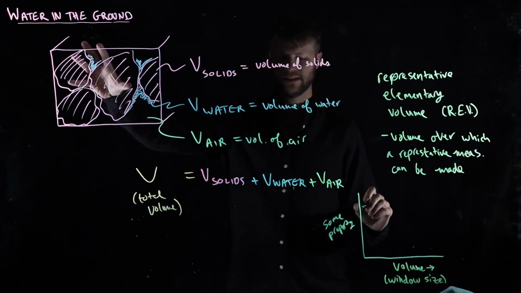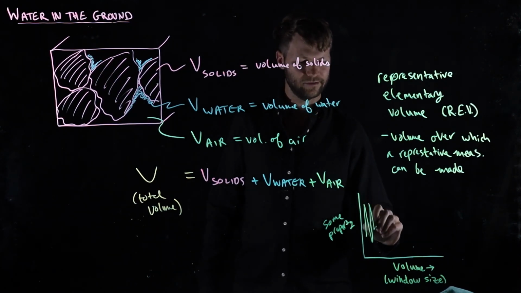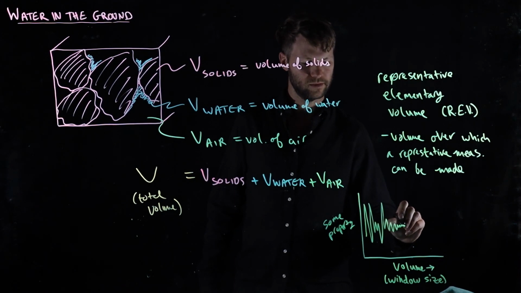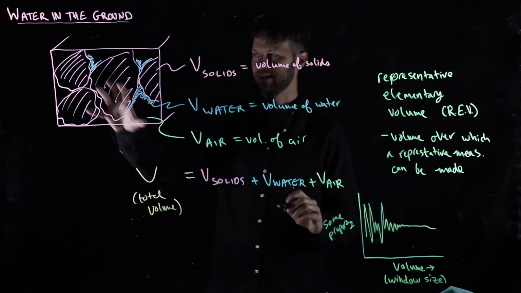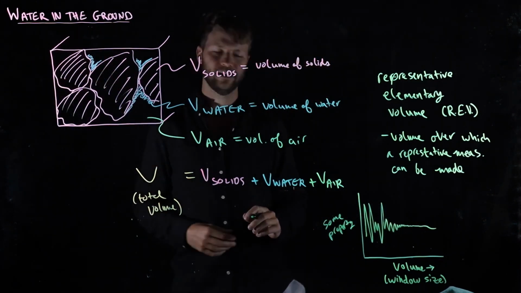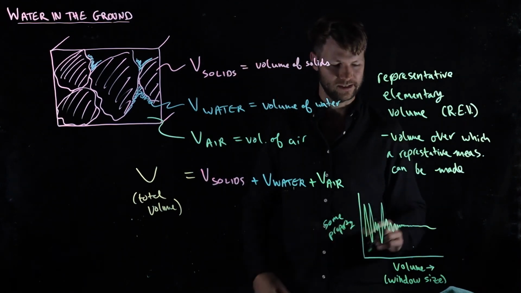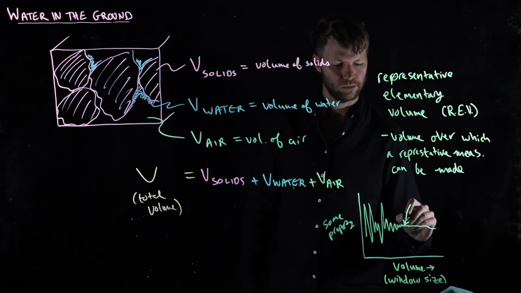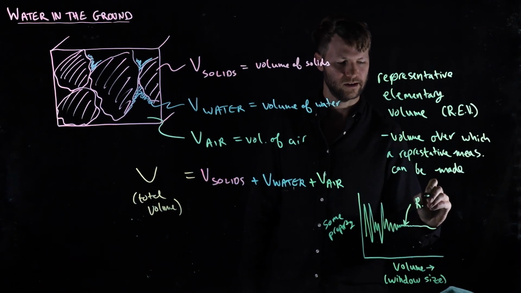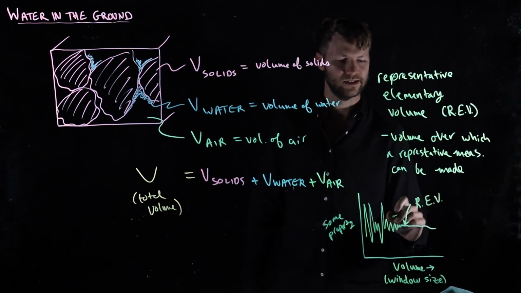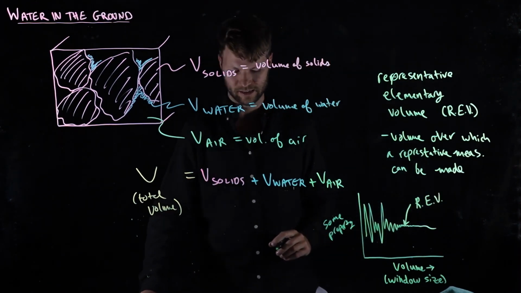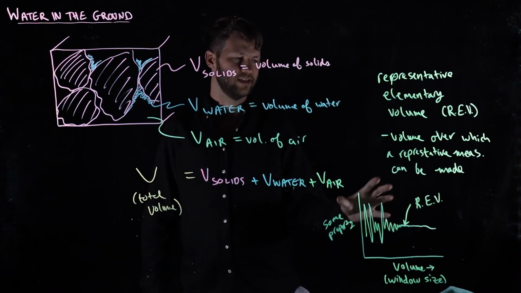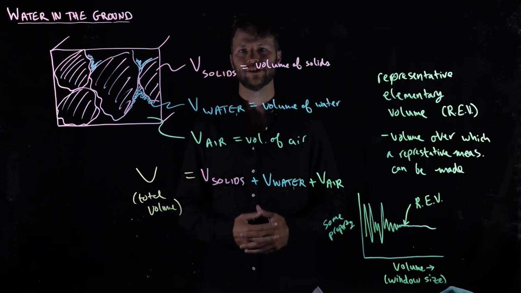As we increase this volume, we might see a lot of variability. But at a certain point, the variability will diminish significantly because we're incorporating a big enough area that these variations cease to matter. This point is the REV, or the representative elementary volume. It's the size that's sufficiently big enough that we can get an adequate representation of the material.